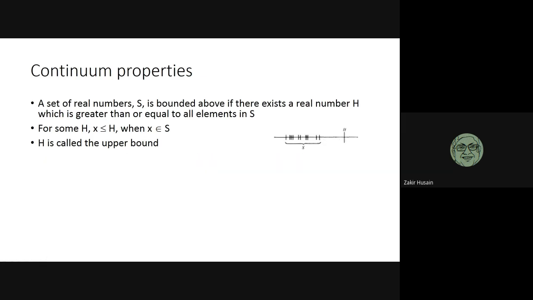So H is called the upper boundary. So we can have many upper boundaries. It is also possible that there is no upper boundary. For instance, if the set is something like this, then it doesn't have an upper boundary. But if you consider a set like this, then we have upper boundary starting from 12 onwards.